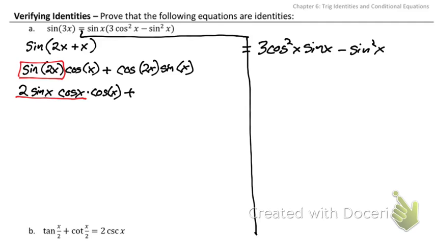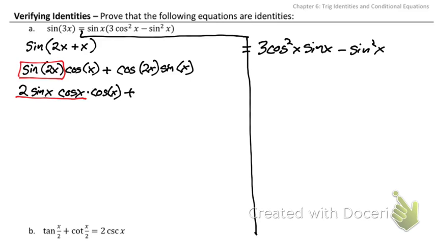My question is always, do we have any just 2 sine squareds or 2 cosine squareds on this side? Do you see anything that says 2 sine squared or 2 cosine squared on this side? If you don't see one of those, you're more than likely just going to use that cosine squared minus sine squared, because otherwise you're creating just these rogue 2 sine squareds or 2 cosine squareds.